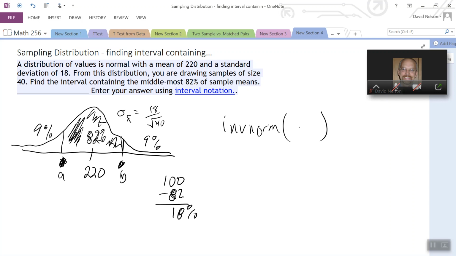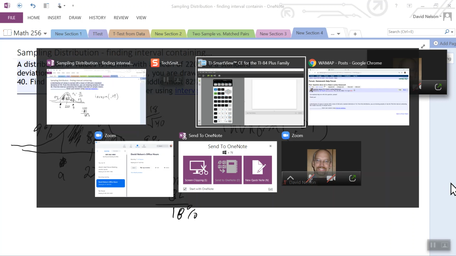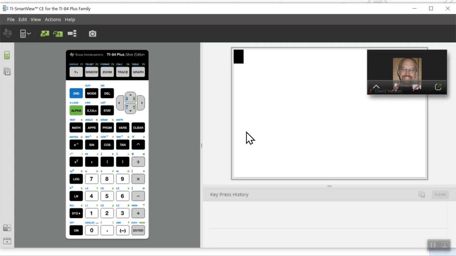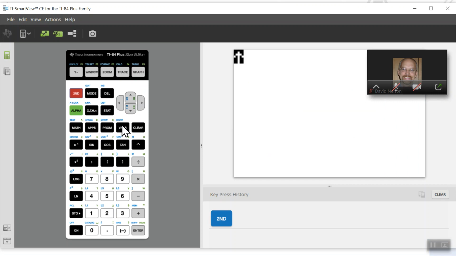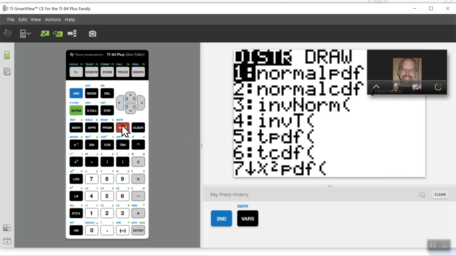So I need to do inverse norm of 0.09 to find the z-score corresponding to A. I'm going to start by finding the z-score that corresponds to A. Let me get to my calculator here. Inverse norm is under the distribution menu, the third one down.